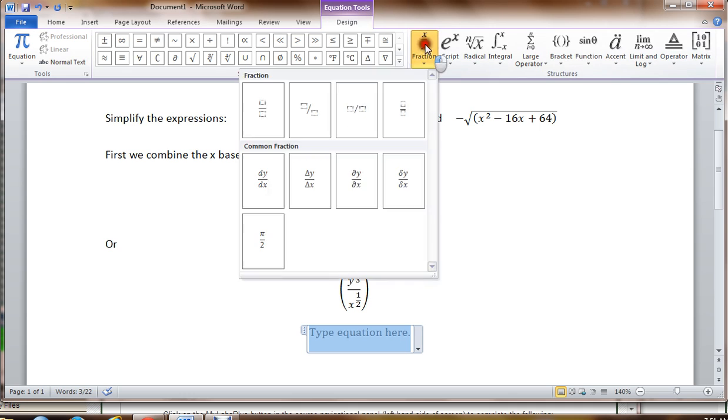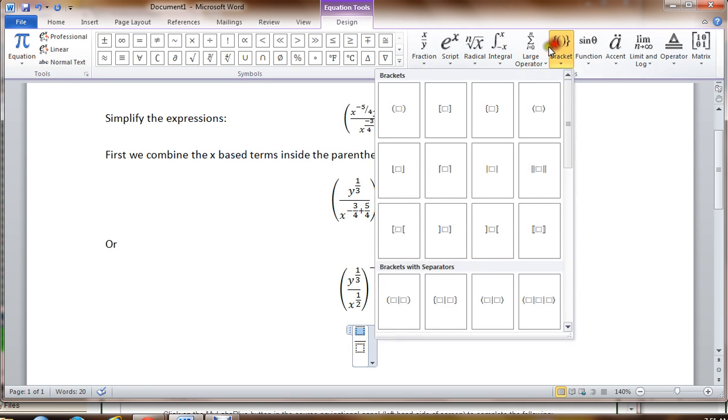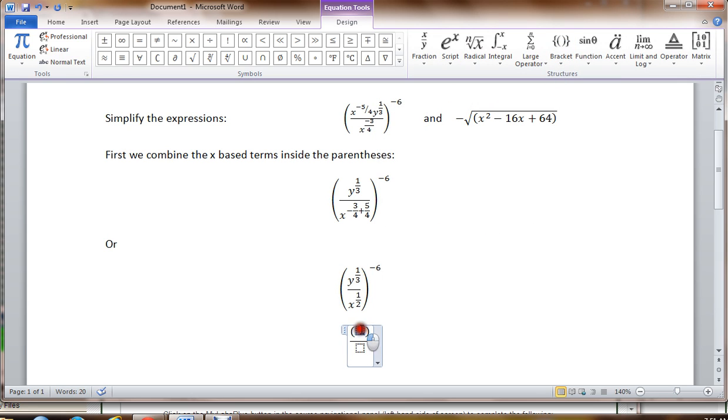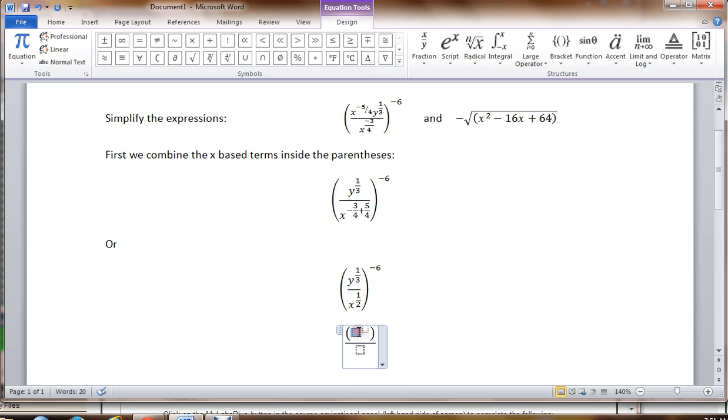So I can show that step by just doing a big fraction now. And then in the numerator of the big fraction, I'll have my parentheses, the y to the 1/3, I think I can just copy that also.